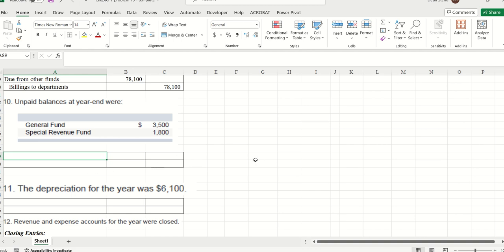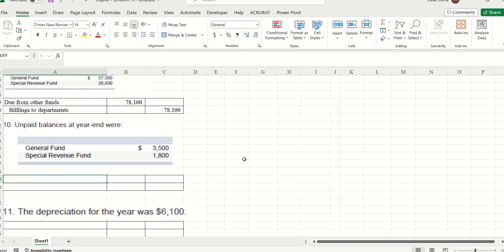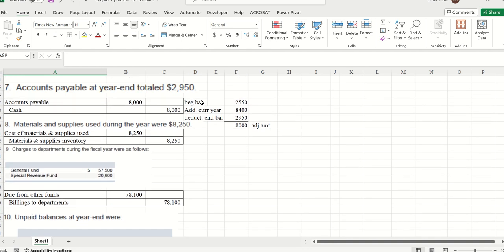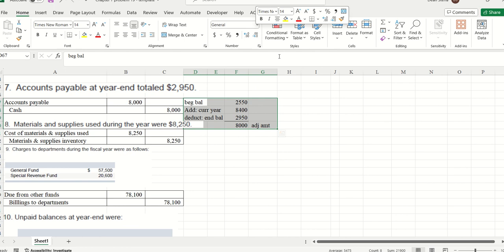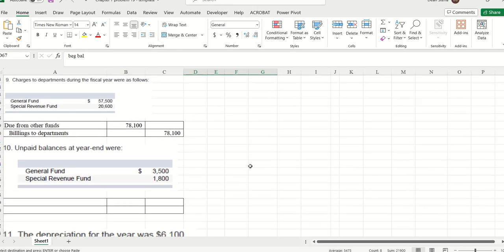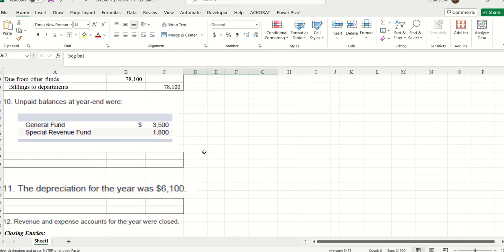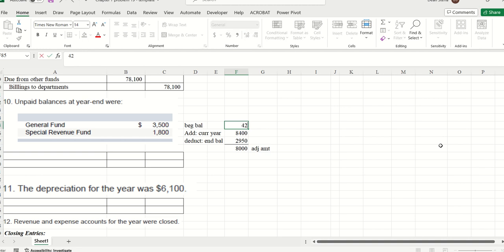We're going to calculate that basically the same way we did here. Okay, so I'm going to bring that down to here. So our beginning balance we would get from the beginning trial balance. So our beginning balance was 4,250.